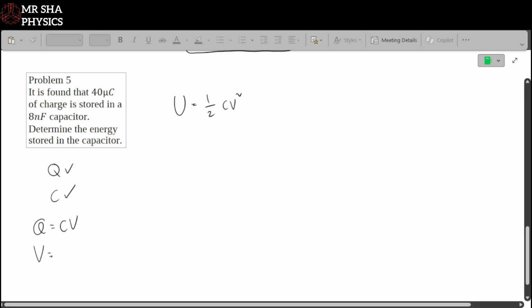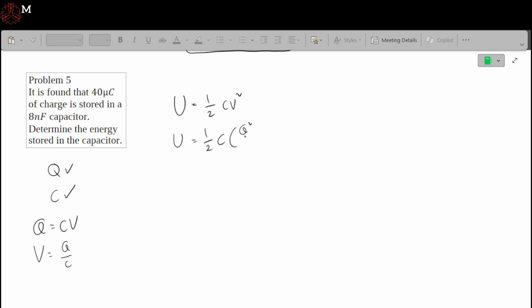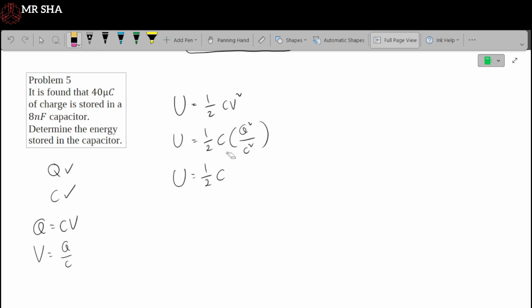That means V equals Q over C. So if I substitute that into this equation, I'm going to have half C Q squared over C squared, right? So then I'm left with half, sorry, I'm left with Q squared over C, all right?